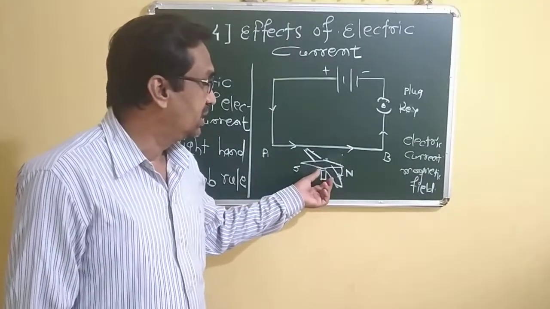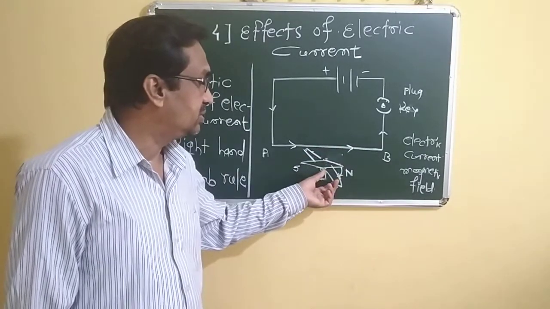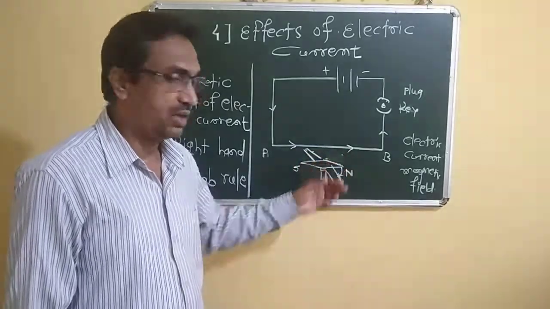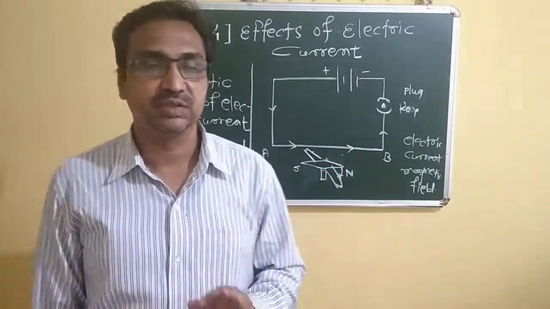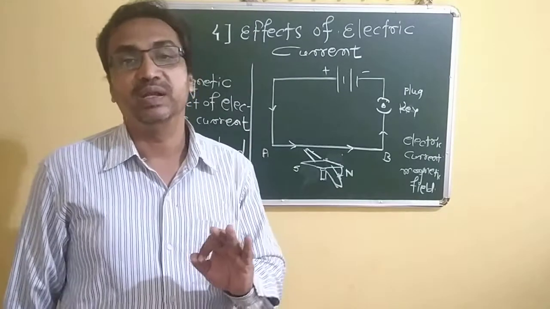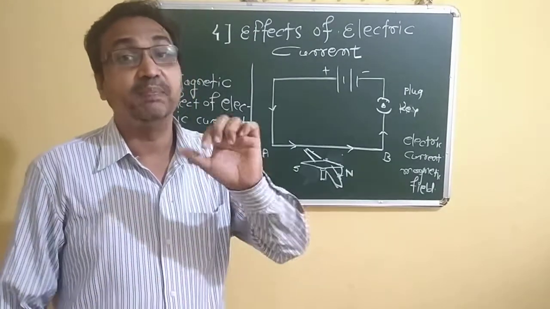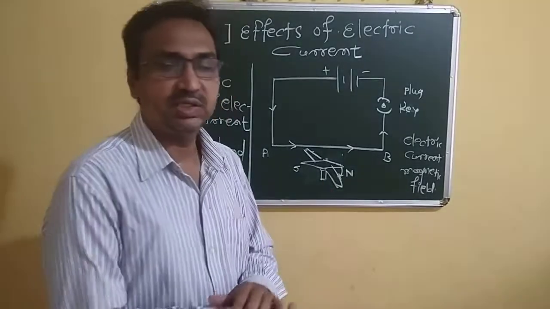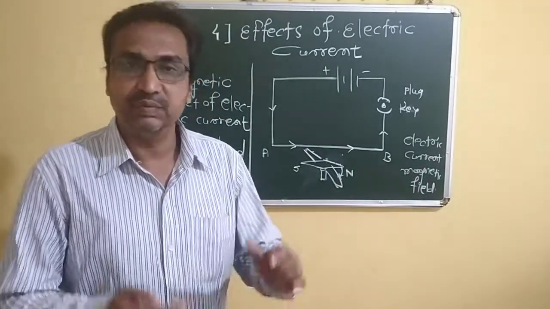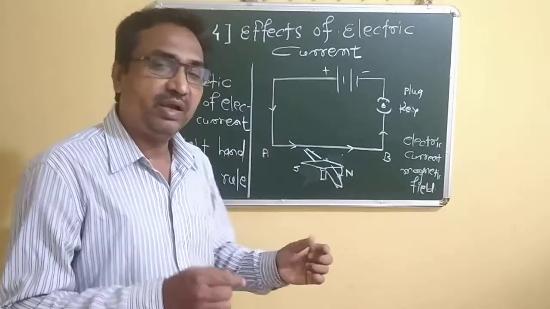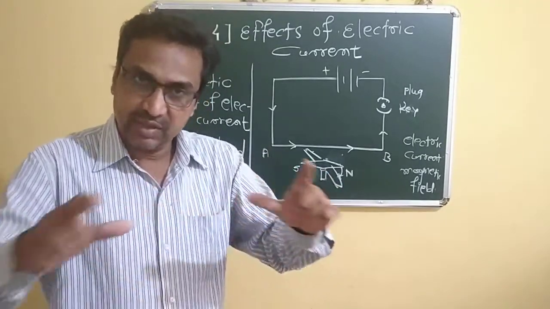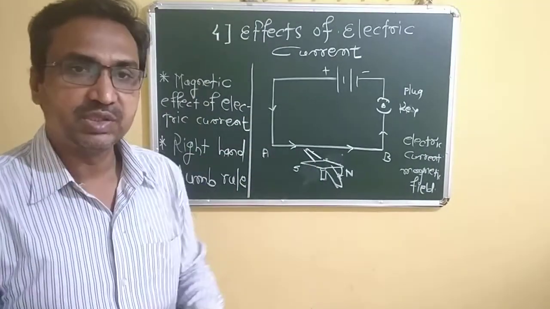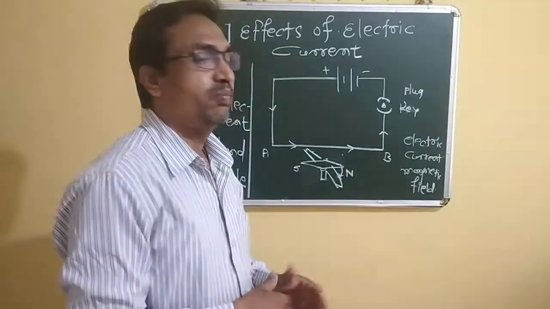If we keep a magnetic needle near the electric conductor which is carrying the electric current, the needle experiences a deflection. We can see the deflection if the magnetic needle is kept in a position where there is a magnetic field.